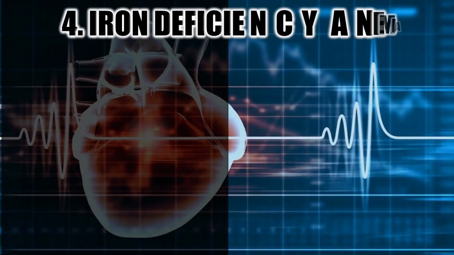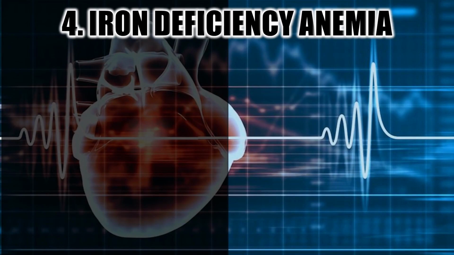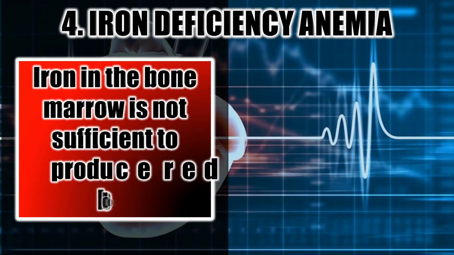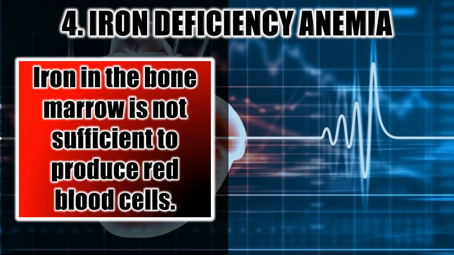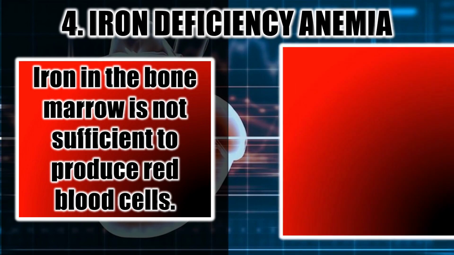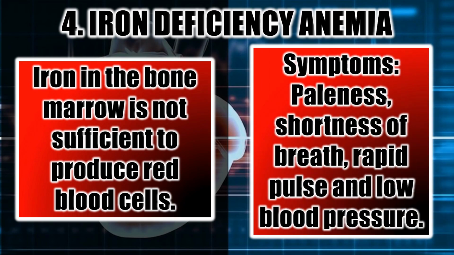Number 4. Iron deficiency anemia. In this condition, iron in the bone marrow is not sufficient to produce red blood cells. Symptoms include paleness, shortness of breath, rapid pulse, and low blood pressure.